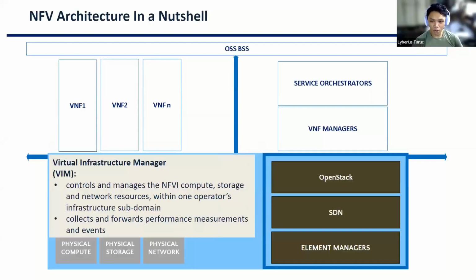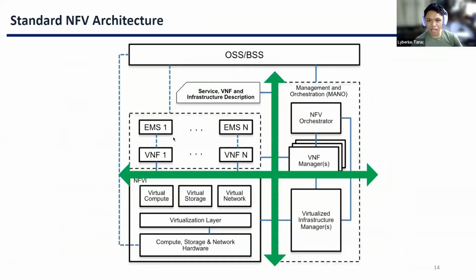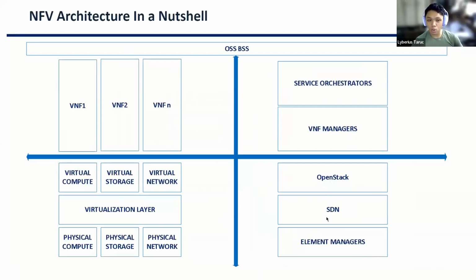So the collective term for all of the components inside the management of your infra is called VIM, Virtual Infrastructure Manager. You'll notice here, in the standard architecture, the virtualized infrastructure management is just one block, but it can actually be broken down into several blocks, depending on which resource it manages.